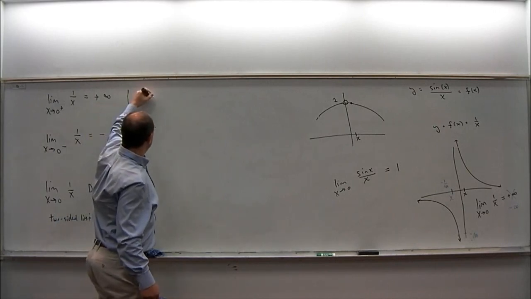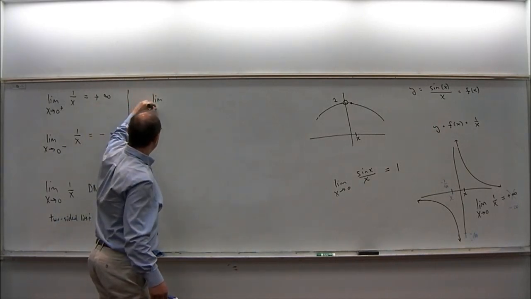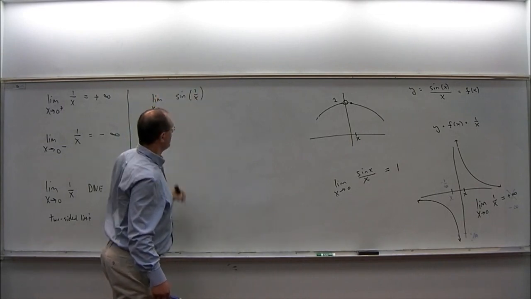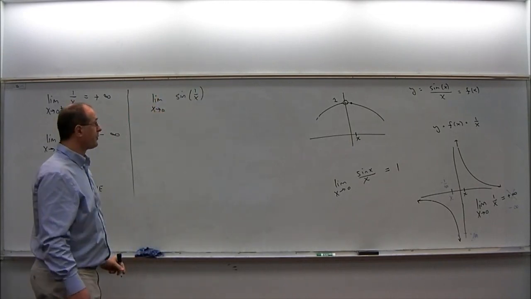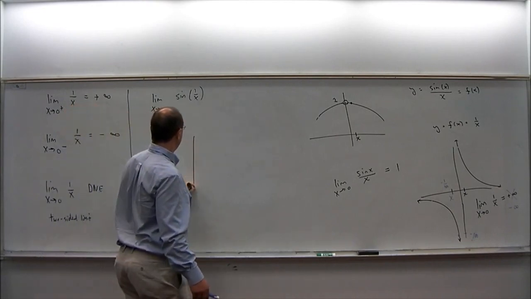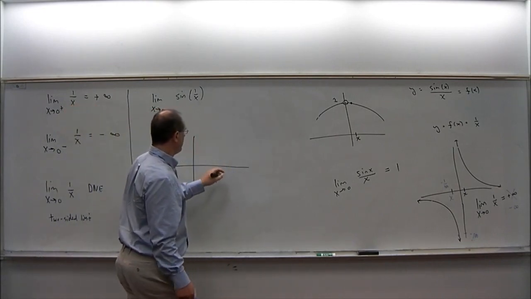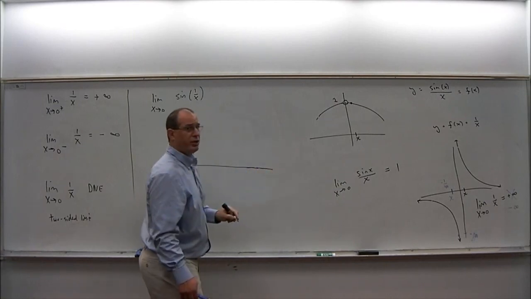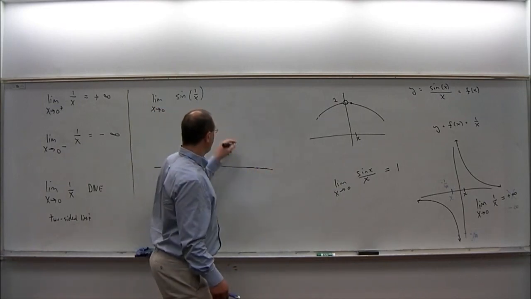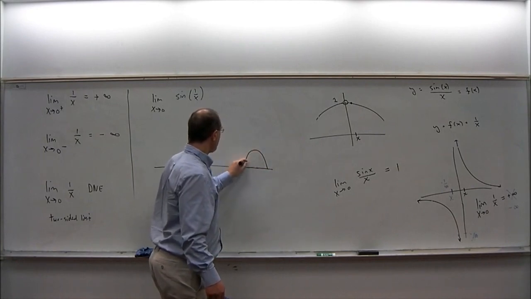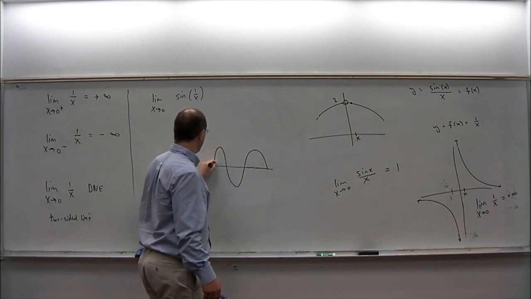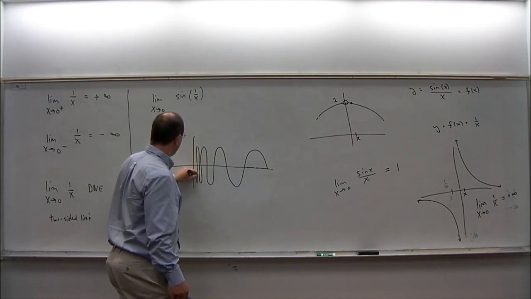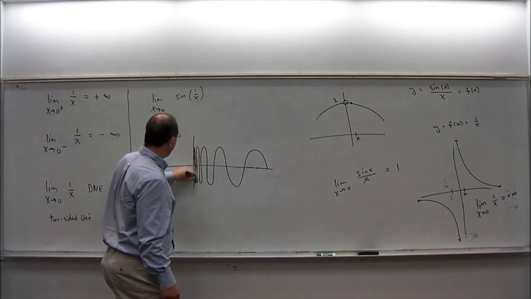The next one is also interesting, the limit as x approaches 0 of the sine of 1 over x. So the graph of this function is a little bit unusual. The sine curve, as we all know, oscillates, and the sine of 1 over x is going to oscillate between minus 1 and 1, and as x gets near 0, it oscillates infinitely frequently.